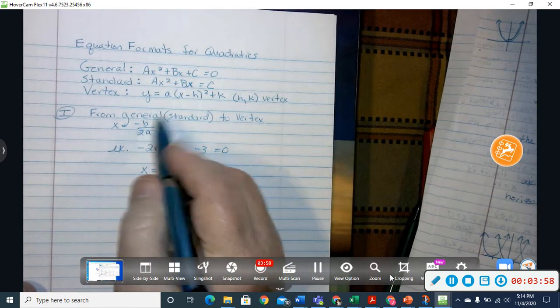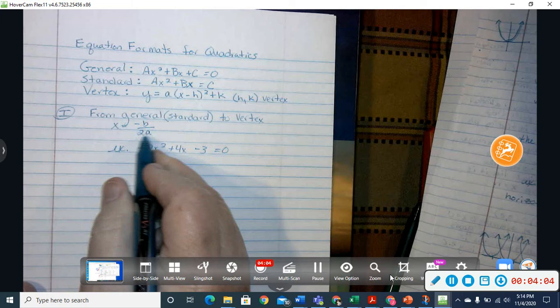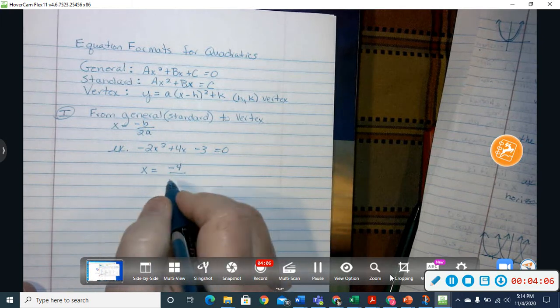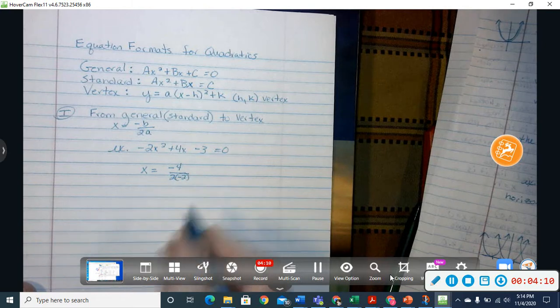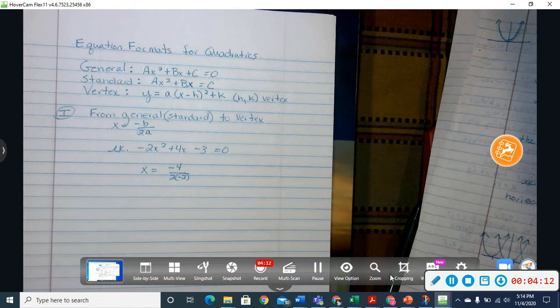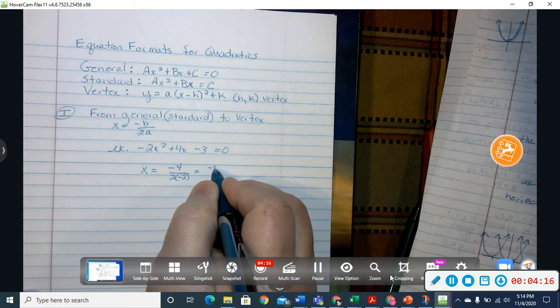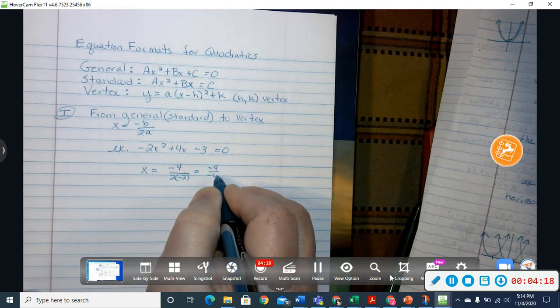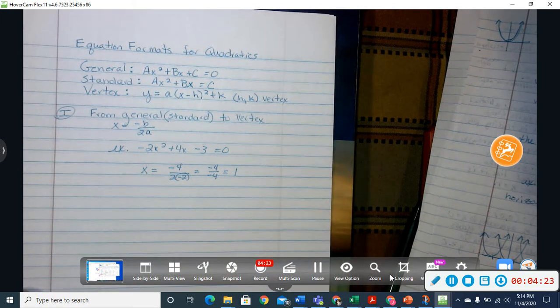The opposite of b, and b is 4, so I'm going to have negative 4. And 2 times a, and a is negative 2, so that's 2 times negative 2. Now we do the computations, and we get negative 4 over negative 4, which gives us a positive 1 for the x value.